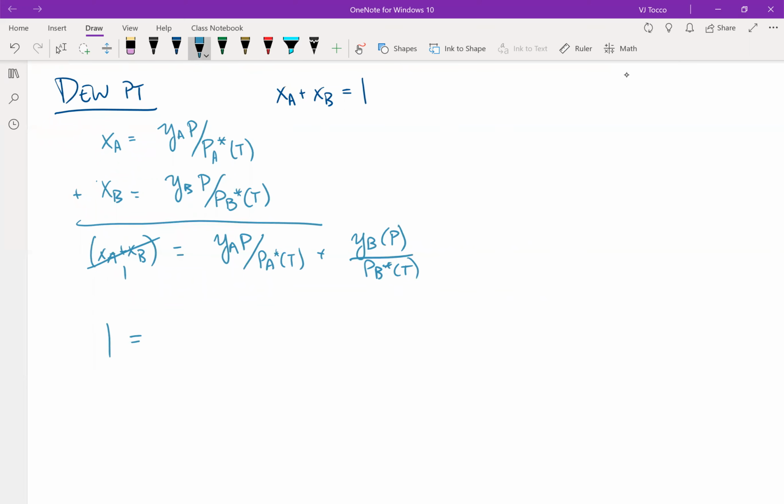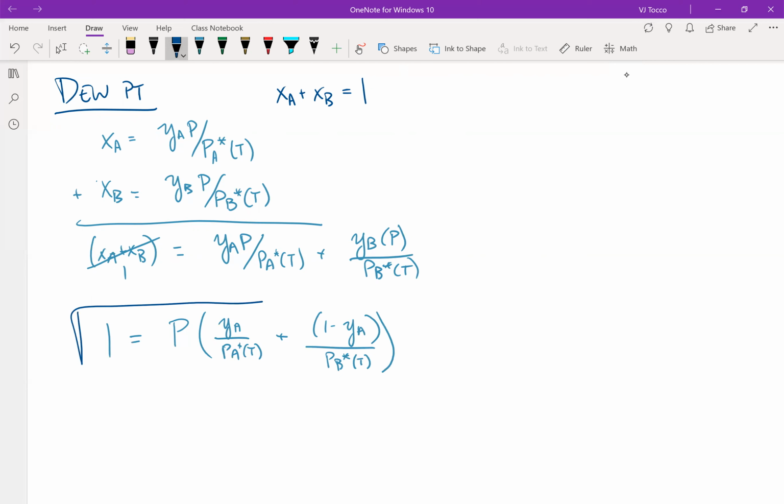You could say 1 is equal to P over, it'd be 1 over PA star of T plus PB star. No, actually, it wouldn't be that. You have to cross multiply it. I'm just going to leave it like this. YA over PA star plus 1 minus YA over PB star of T. Okay, and this would be my dew point constraint.